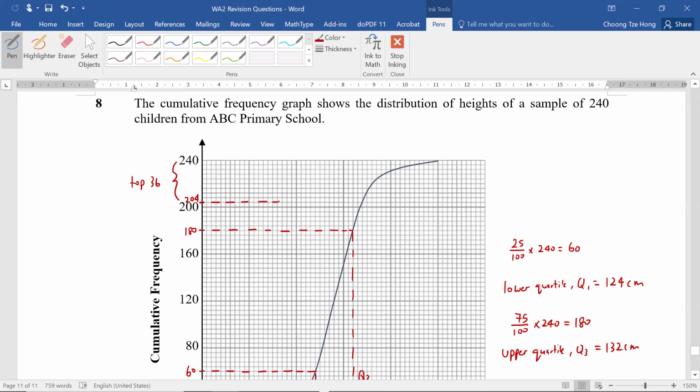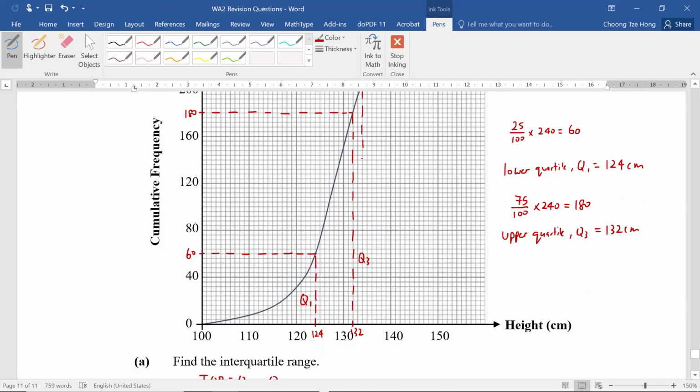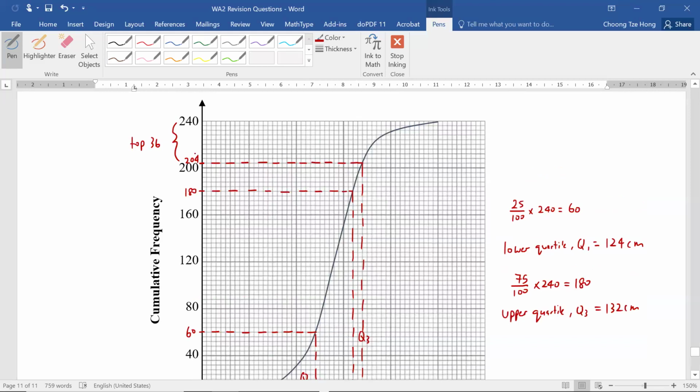Once we hit the cumulative frequency graph, we'll go down and read that height. And the height will be the value of H, right? If you go downwards, it's going to be 134. You see the top 36 students will exist in this region of the cumulative frequency graph, so you see the arrow pointing outwards.